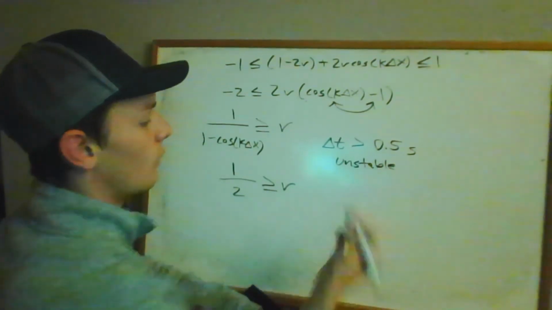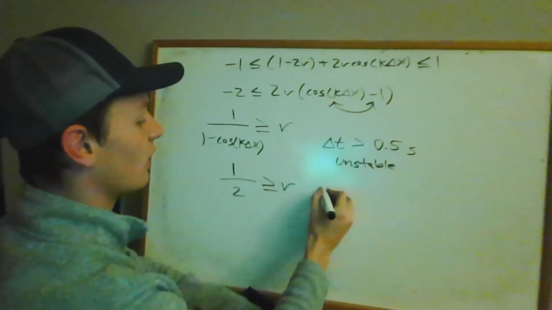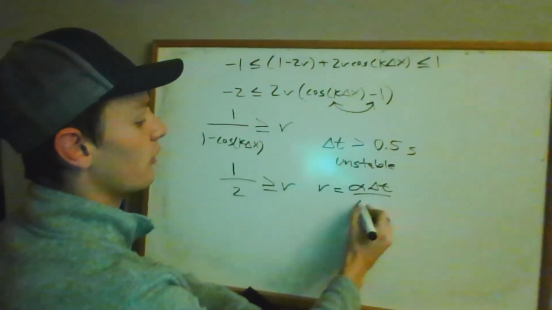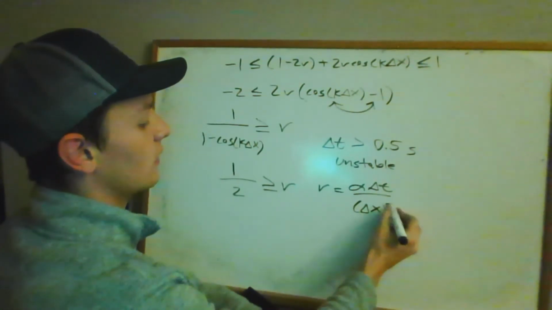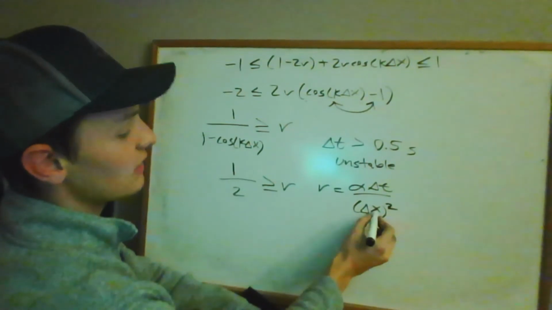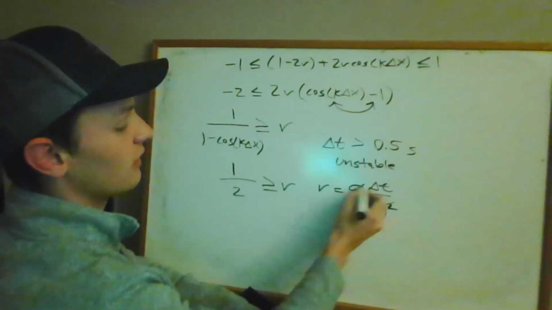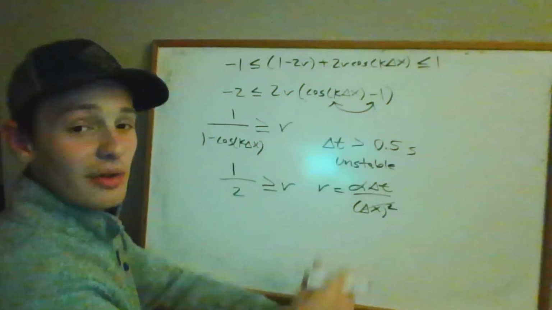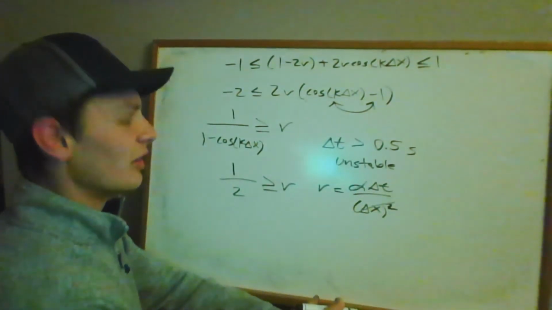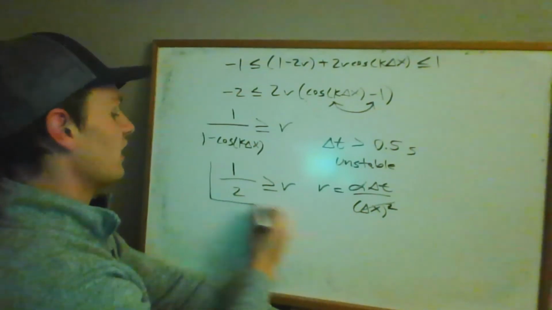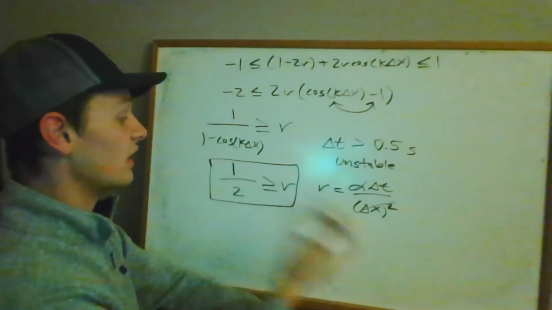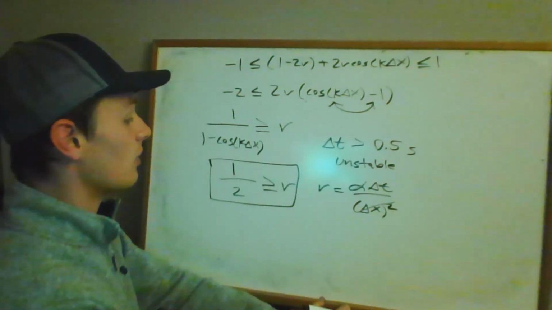Okay? Why was that? Well, remember what r is. r is alpha delta t over delta x squared. And these two terms, these were 1. Okay? So r effectively is equal to our time step. So that's why this is our limit of stability for the explicit differencing method for this problem.